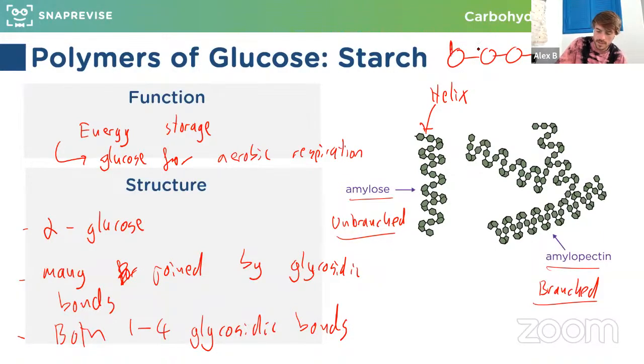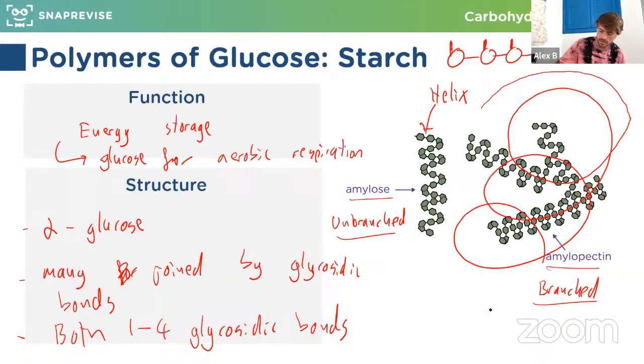The carbon 6 is on the same side for all of them when it's alpha glucose, and they slightly repel each other. So if you've got them all on the same side and they're slightly repelling each other, that's going to form a bend. So this forms like this. If you get enough of them, you eventually form a spiral, which we see on the diagram.